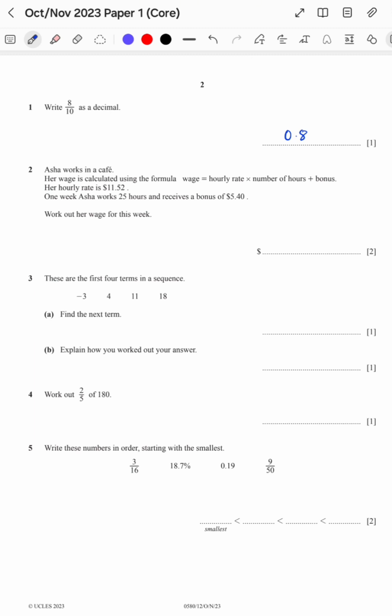Question number 2. Asha works in a cafe. Her wage is calculated using the formula: wage is equal to hourly rate times number of hours, plus the bonus.